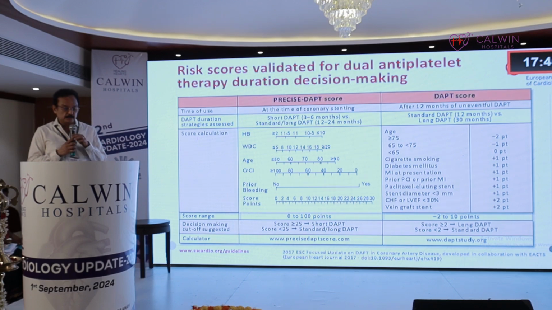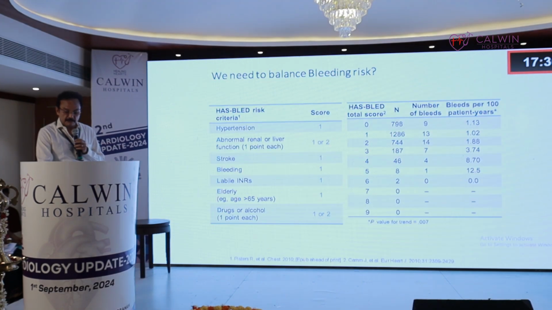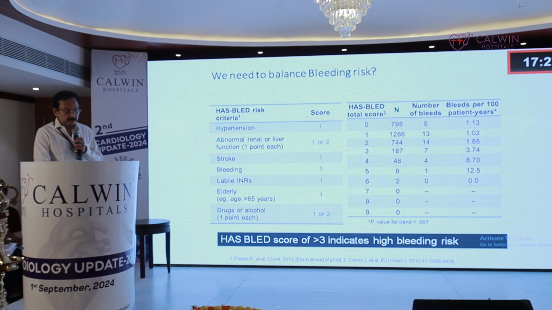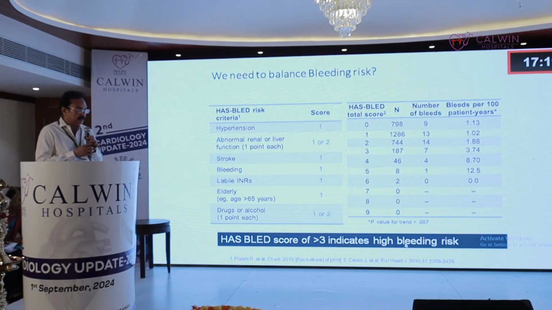We have two things. One is the antiplatelet score, what we call the PRECISE-DAPT score or DAPT score. We have certain criteria like smoking, diabetes, and there is a score. If the score is high, the probability of bleeding will be high, so you'll have to keep them on a low dose of antiplatelet. Similarly, we have the HAS-BLED scoring, basically to see if he has any high risk for anticoagulants.